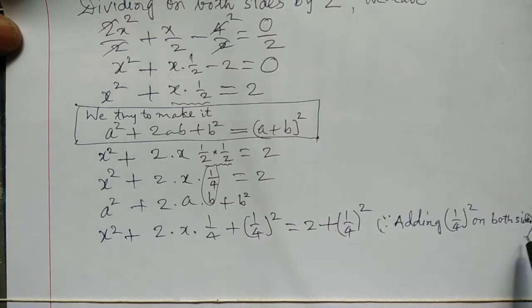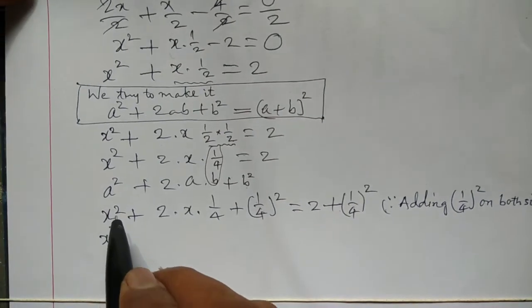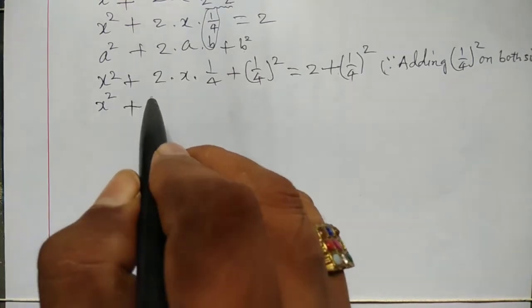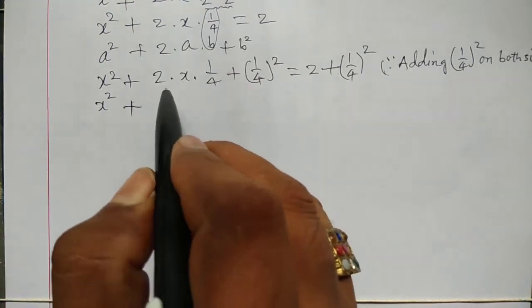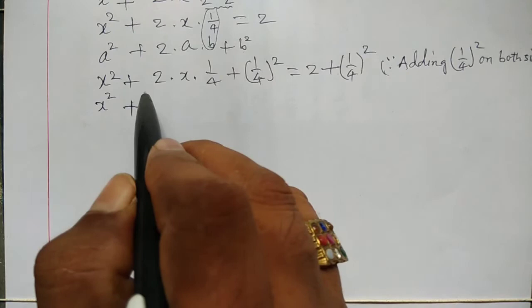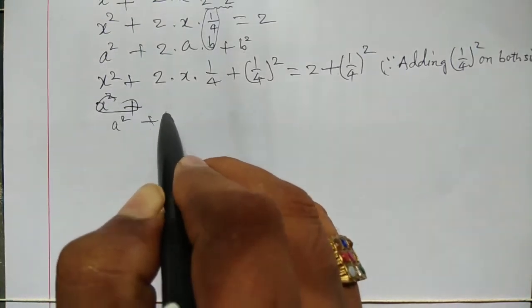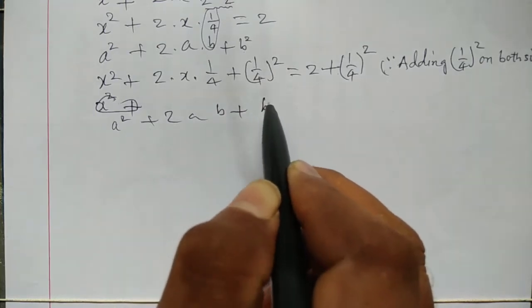That's the reason x² + 2·x·(1/4) + (1/4)² is in the form of a² + 2ab + b².